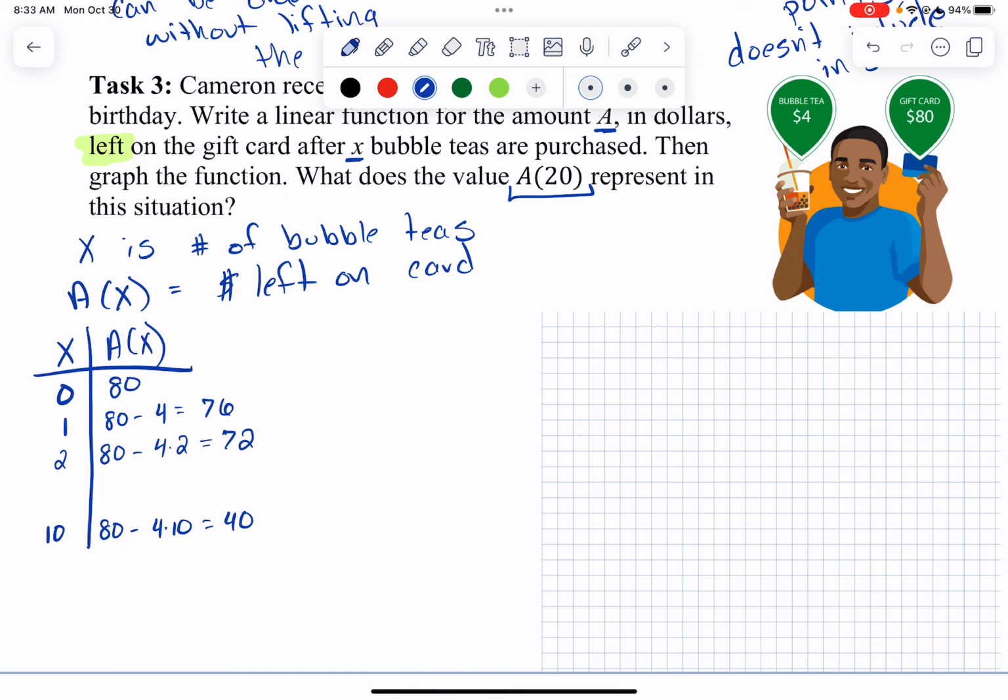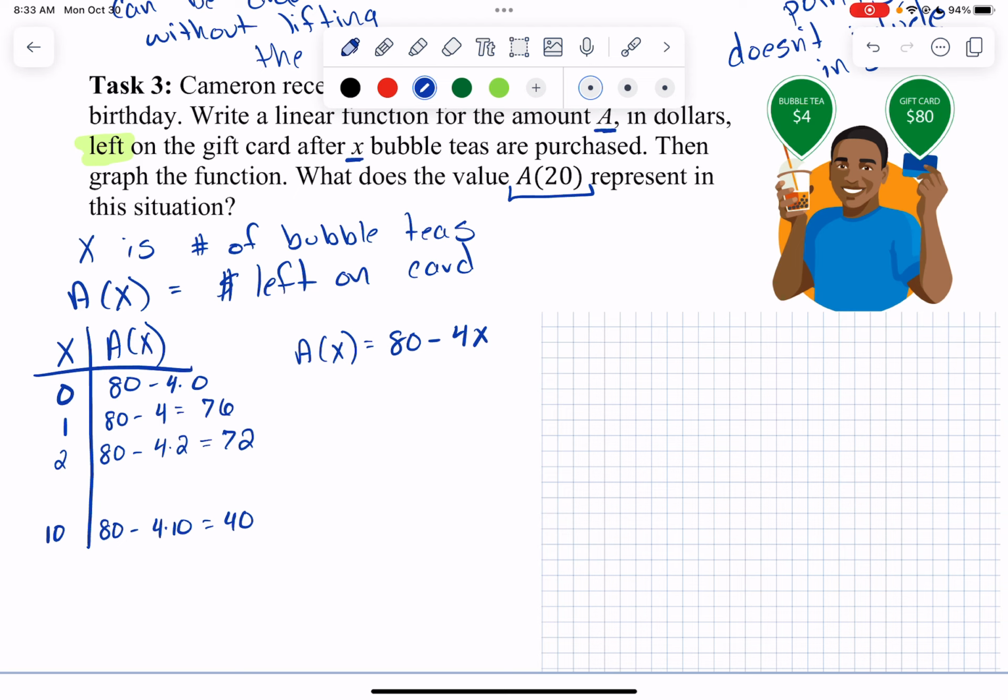By writing out my steps instead of just writing the number, this first one will be 80 minus 4 times 0. It looks like my function A of X is $80 minus 4 times X, where X again is the number of bubble teas.